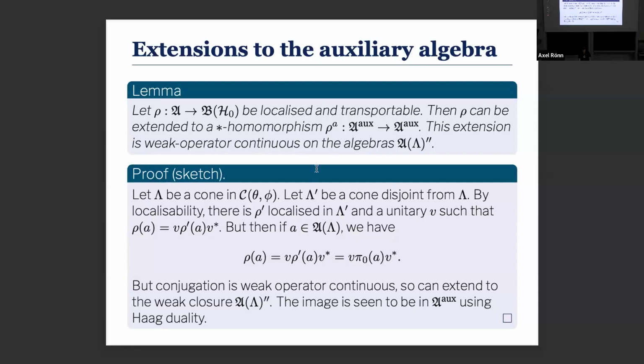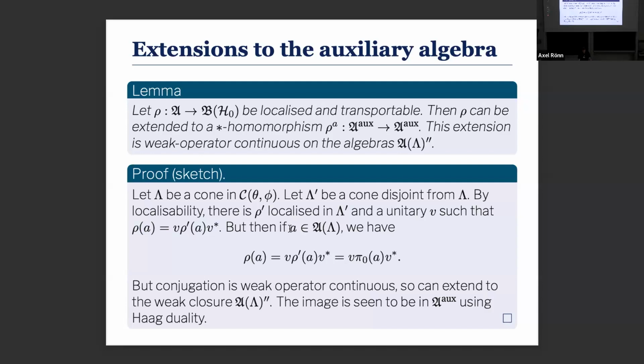Good, so that's very nice. Let me briefly sketch the proof. You take some cone, and you choose another cone, disjoint from that. Then by localizability, I can transport this rho to something that's localized. This means there's a unitary V such that this is true.